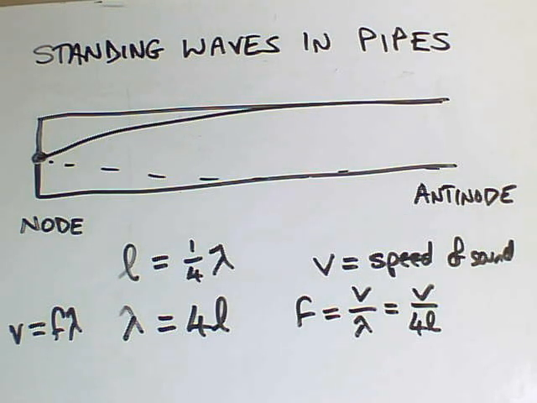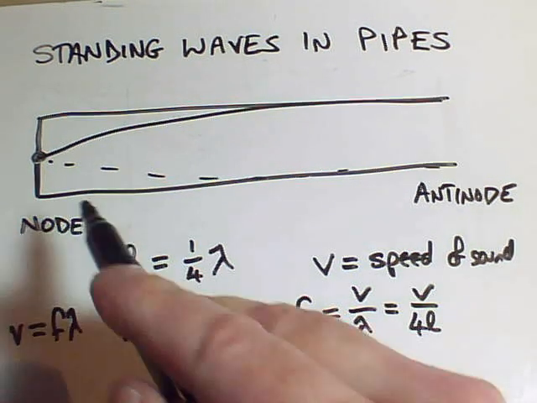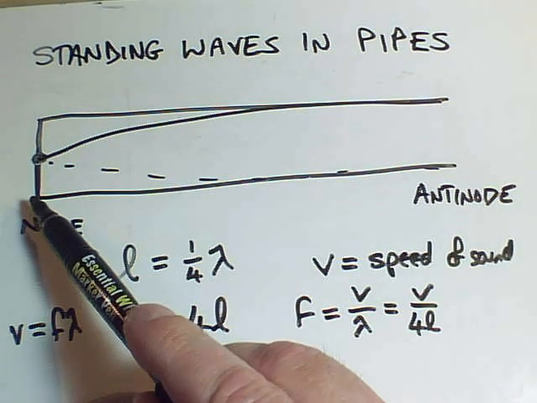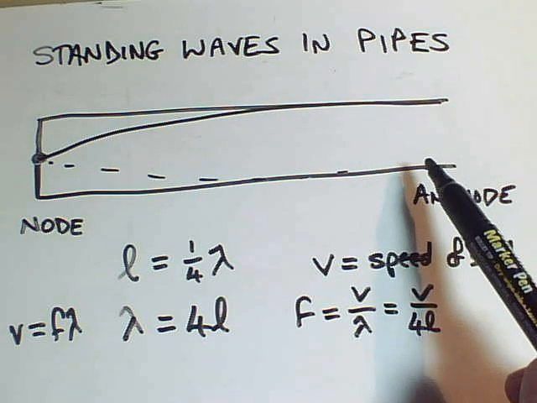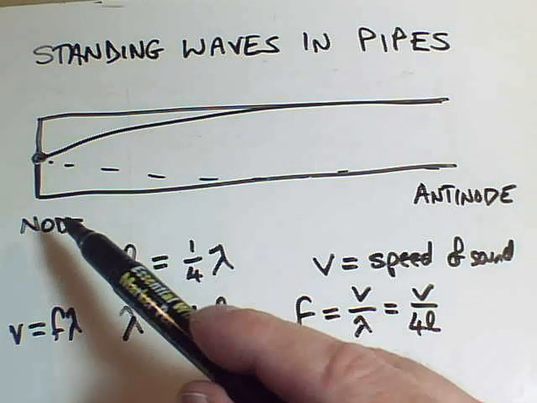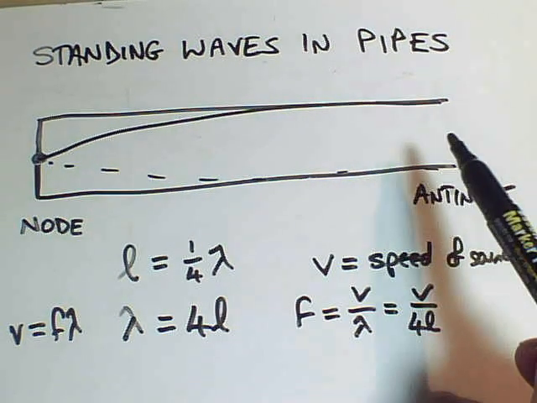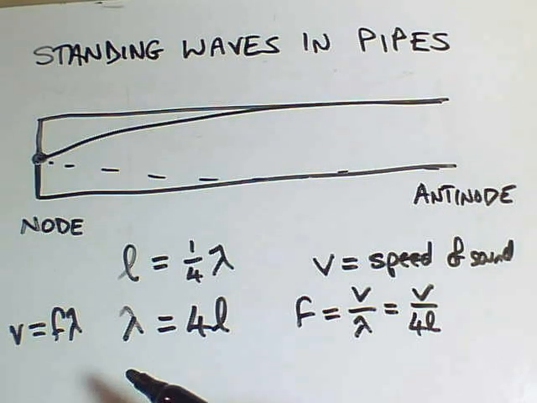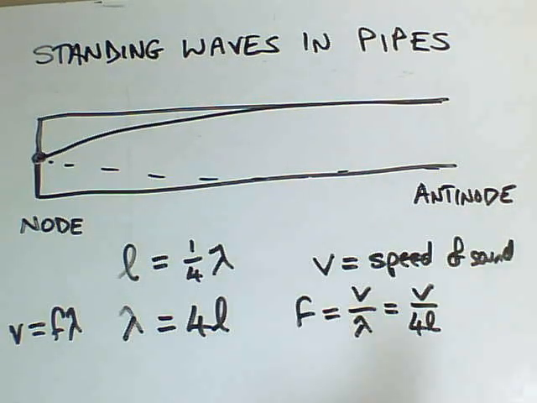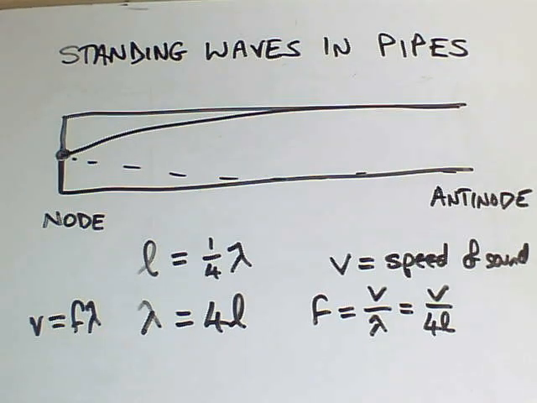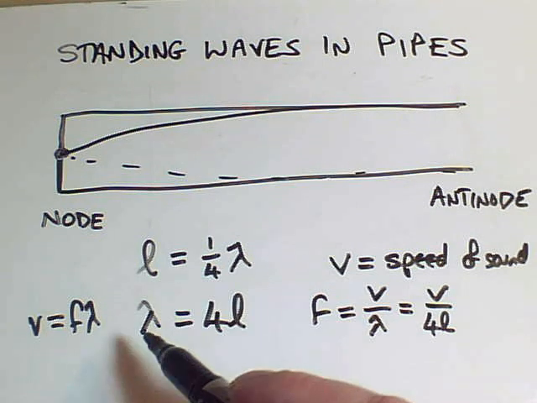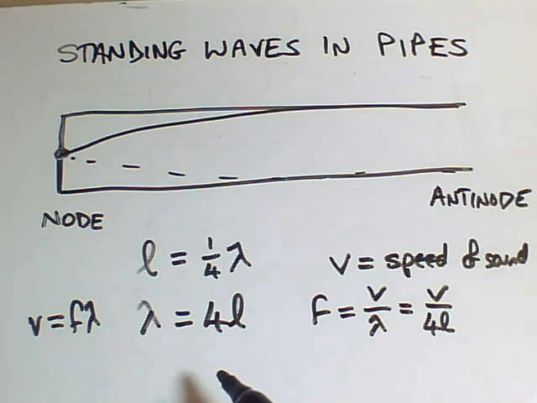Now notice that when I had the pipe open at both ends, I had to go all the way from an antinode to another antinode, so that was a whole half of a wavelength. For the one I did before, L was half lambda, so lambda was only 2 times the length of the pipe.